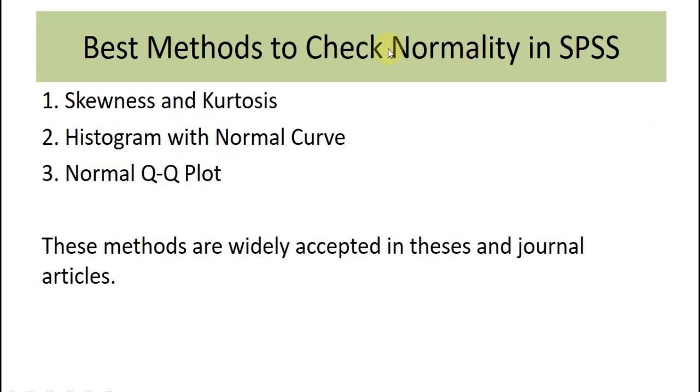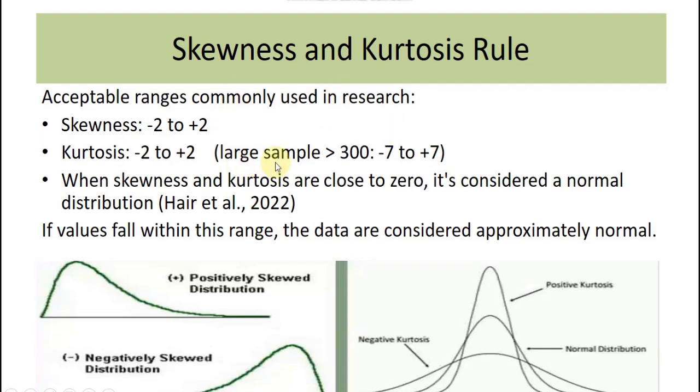For testing normality, here I have specified 3 methods which are the best, with which we can easily get the normality result. So even it is accepted for thesis and journal articles. We can easily understand the acceptable range of skewness and kurtosis. The acceptable range should be between -2 and +2.